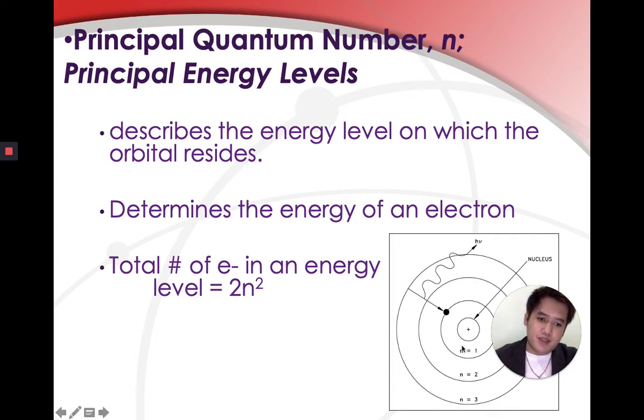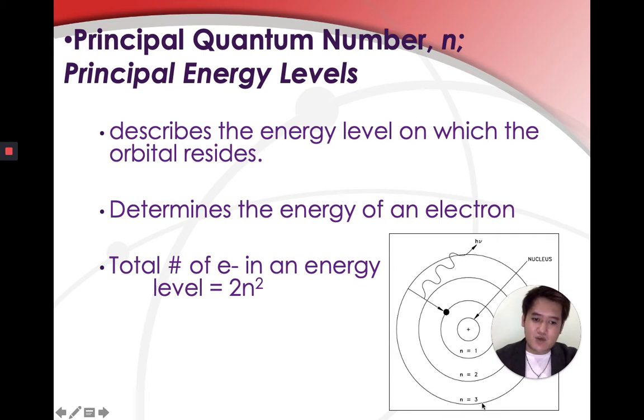For n equal to 1, that's 1 squared times 2. Therefore, in this energy level, there are only 2 electrons. For energy level 2, n equal to 2, that is 2 squared, 4, times 2, equal to 8.